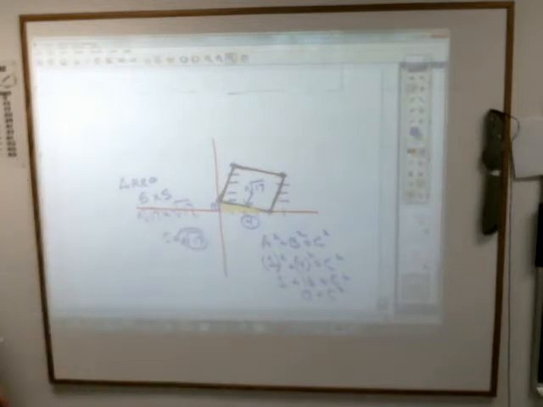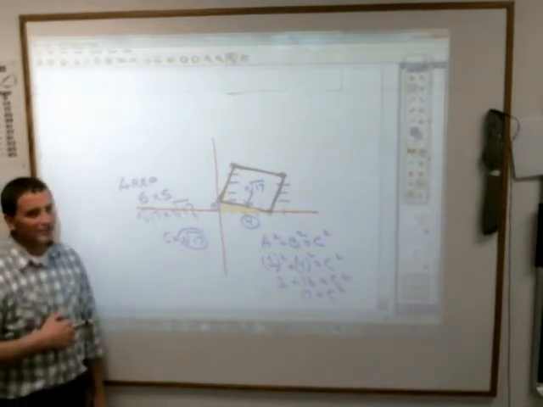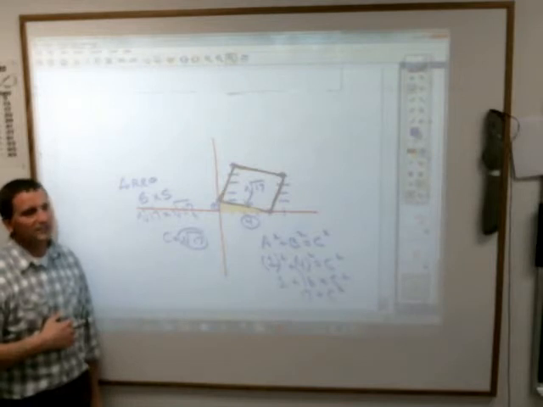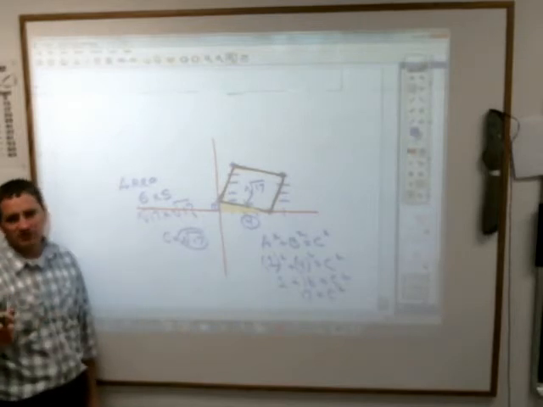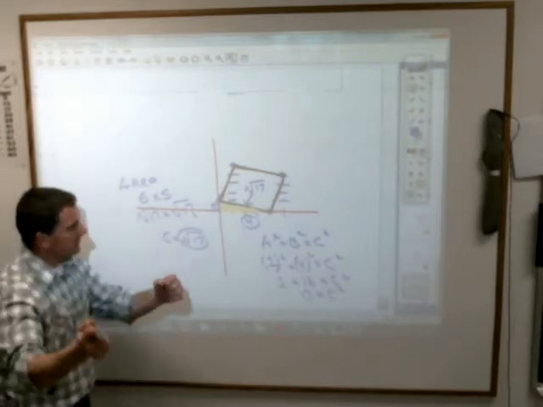Guess what the area is? Square root of 17 squared. Let's simplify that a little bit. Square root of 17 times the square root of 17. Yes, 17. It is 17.